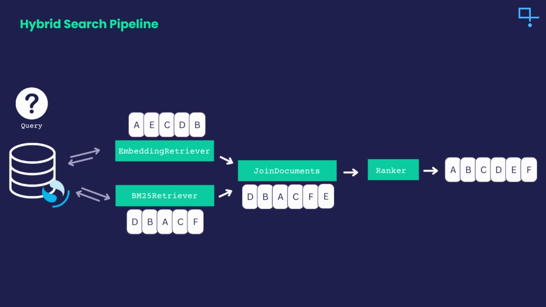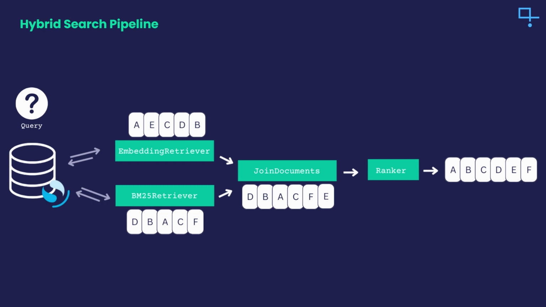And then we want to have some way to join those documents. And then in some cases, we also use a ranker at the end of this. And then I want that to be the final returned set of documents that hopefully is going to be the most relevant to the query the user asked.